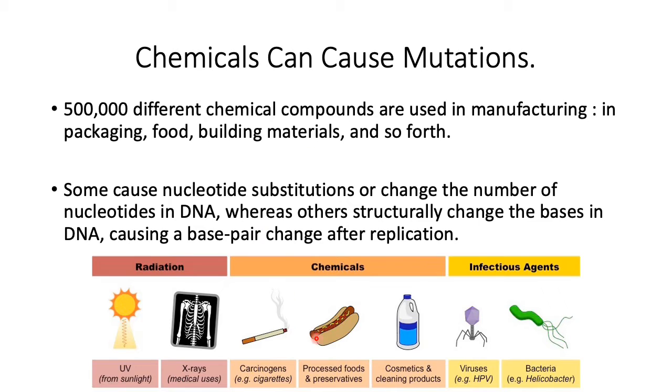Here are some examples at the bottom: carcinogens, like in cigarettes, processed foods and preservatives, and chemicals found in cleaning products and cosmetics as well. These chemical mutagens can cause different types of DNA damage. It can be a DNA strand break or a base pair break. It just depends on how the mutagen works.